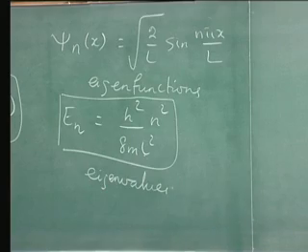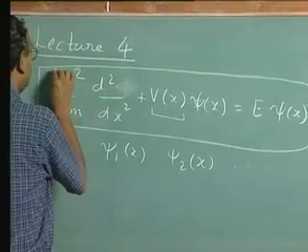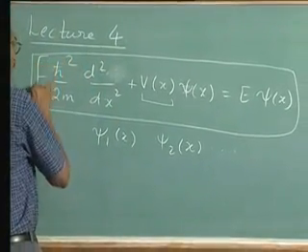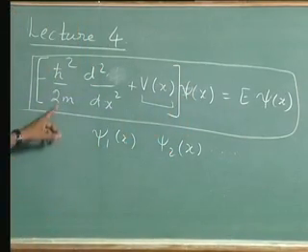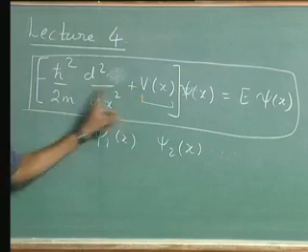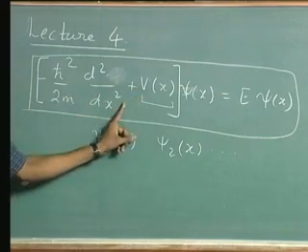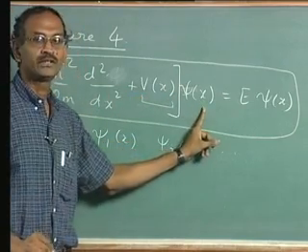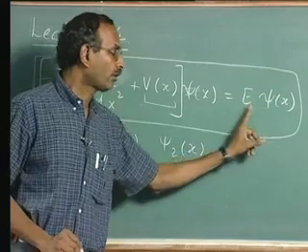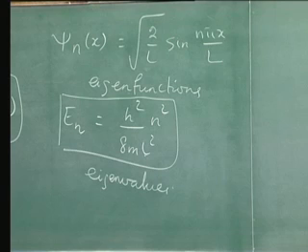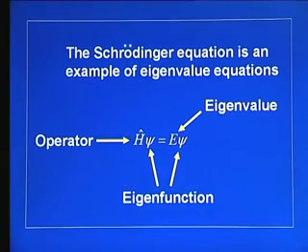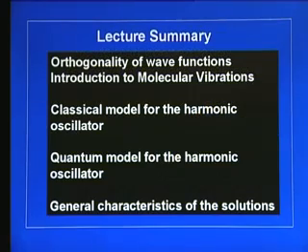Thus you can call the operator minus h bar squared d squared by dx squared by 2m plus V of x the Hamiltonian operator, acting on a function giving you a constant times the function itself. Such solutions are called eigenfunction solutions, and the equations are called eigenvalue equations.